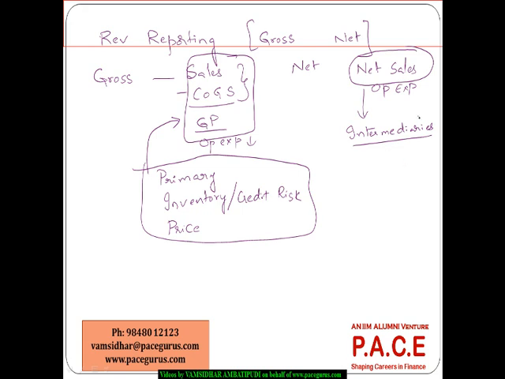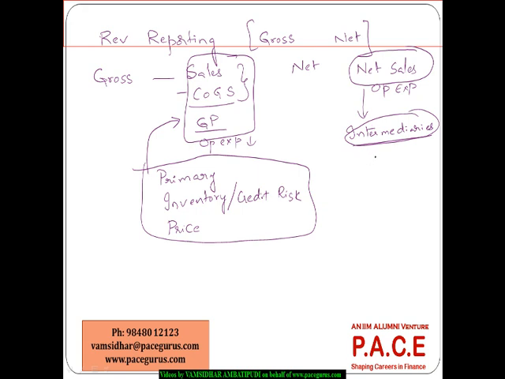Whereas intermediaries who do not have much hold over the price, or who do not control the inventory or the credit risk, it's better that they do the reporting on a net basis.